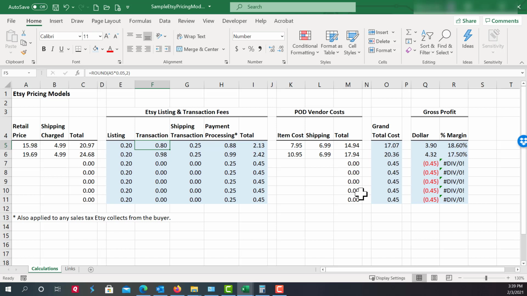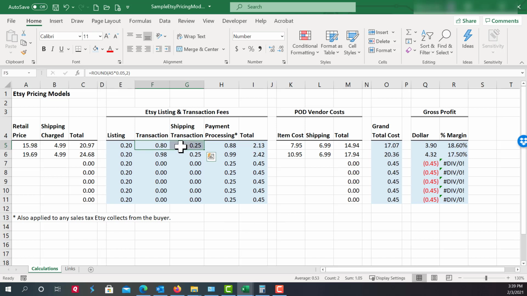So in this case, I've put that I'm going to charge somebody $15.98 for this particular item. So the transaction fee would be 5% of that, or 80 cents. Then they have a separate transaction fee specific to the shipping charge. They will take a 5% fee on whatever you have charged the buyer for shipping.